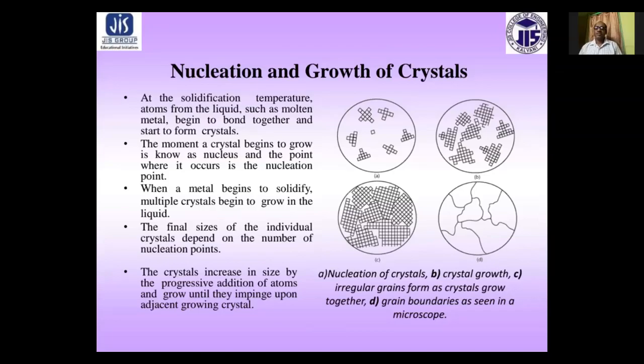And the fourth figure, D, shows grain boundaries as seen in a microscope. The crystals increase in size by the progressive addition of atoms and grow until they impinge upon adjacent growing crystals. So this is how, when the material solidifies from liquid state to solid state, the nucleation and growth of the crystal occurs.